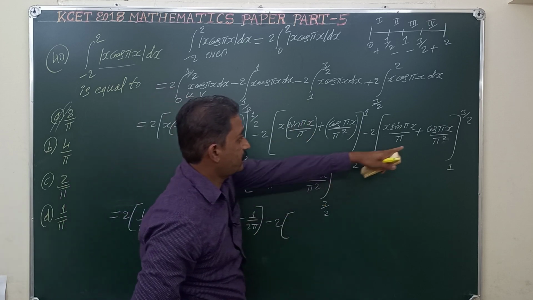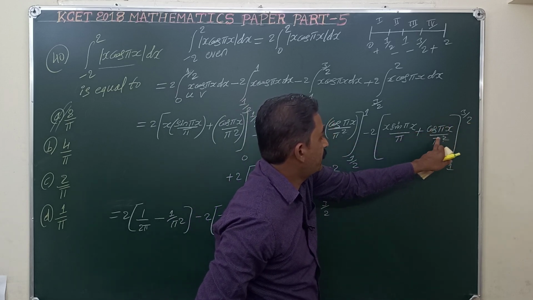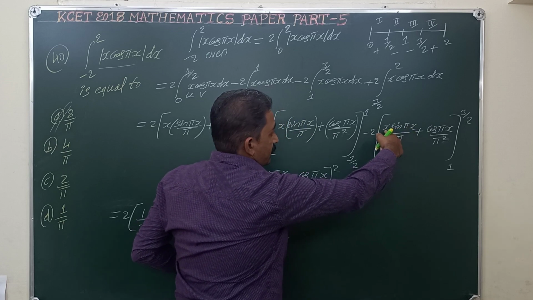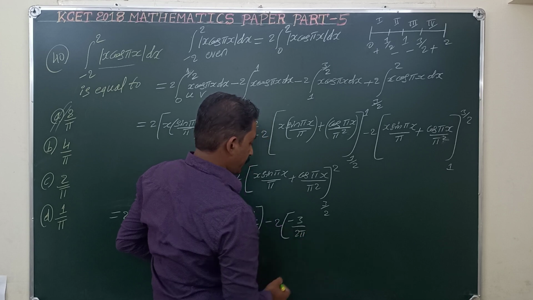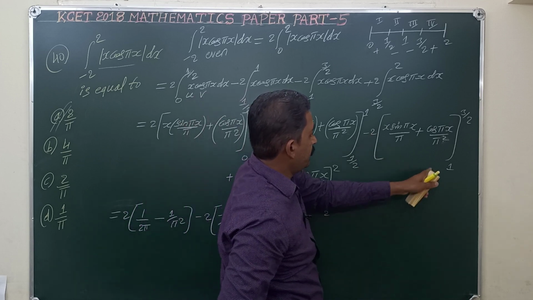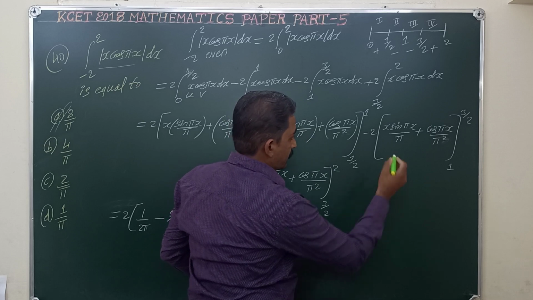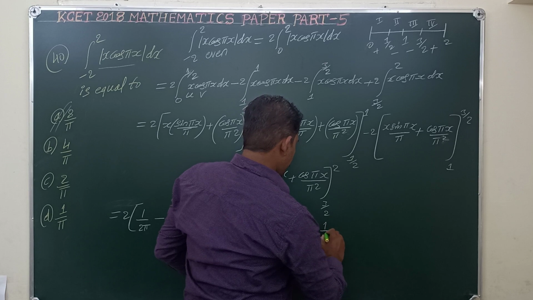Next, apply the upper limit 3 by 2: the second part becomes 0. The first part is sin 3 pi by 2, minus 1, giving minus 3 divided by 2 pi. For the lower limit 1, the first part becomes 0, the second part is minus of cos pi, minus into minus is plus 1 by pi square.